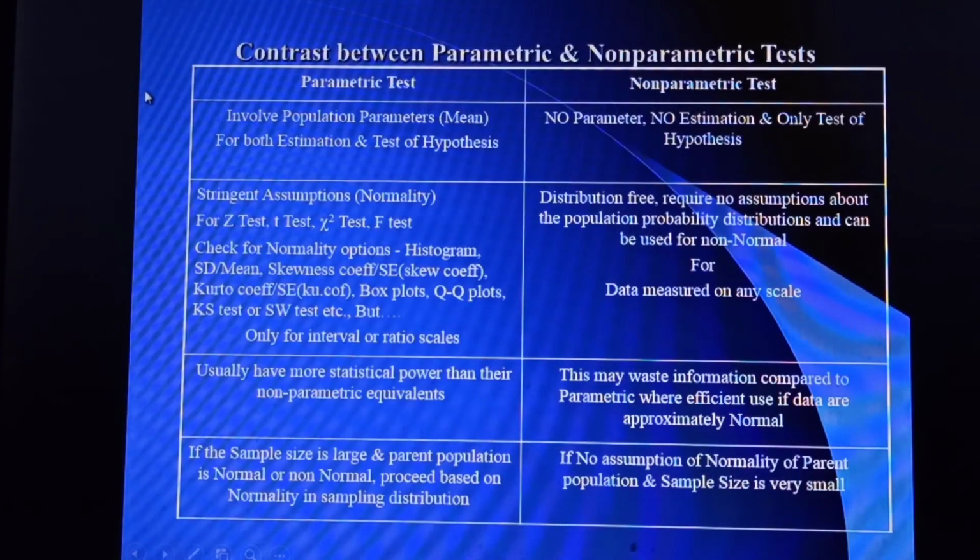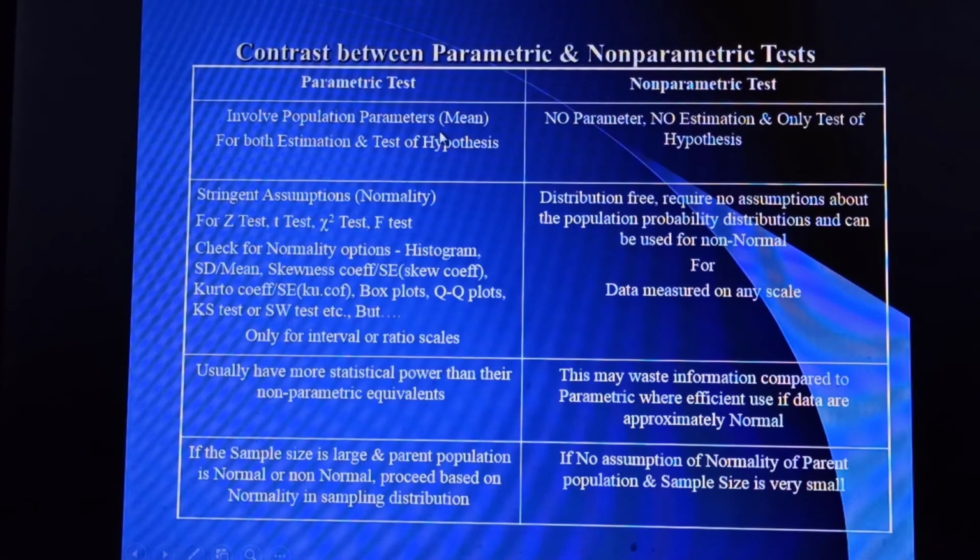Now I present before you some contrast between parametric and non-parametric. Parametric involves population parameters like the mean, and it does for us both estimation and testing of hypothesis. The non-parametric has no parameter, no estimation, only test of hypothesis based on ranks. Parametric has stringent assumptions on normality for various tests, and the normality checks that we discussed are only for interval or ratio scales.